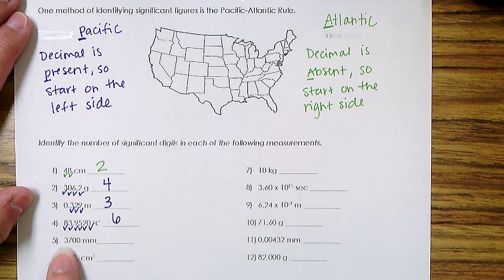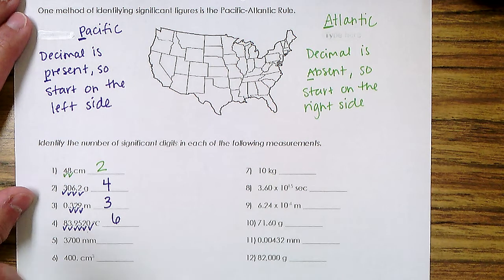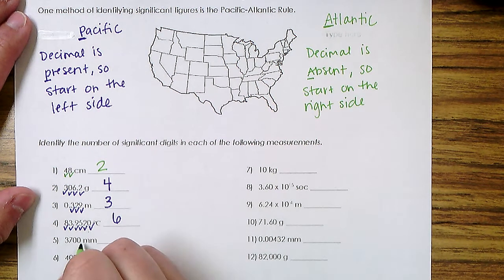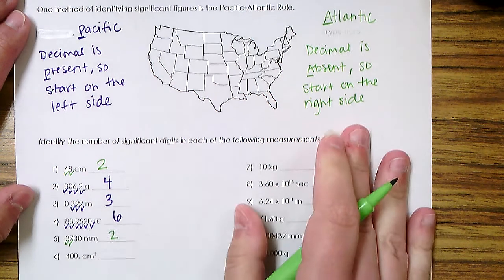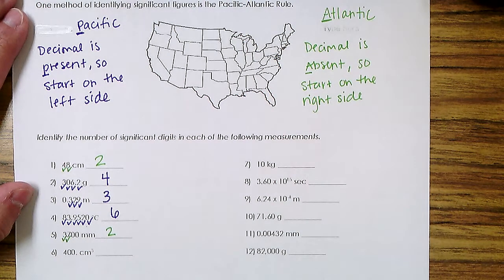Let's check out number 5. No decimal there, so it's absent. So we're going to follow our Atlantic rule. And I'm going to start on my left side. And I have to go until I find my first non-zero number. So is that a non-zero number? No. Is that a non-zero number? No. Is this a non-zero number? Yes. Once I say yes, everything else in that direction is significant. So I have 2 sig figs here. Now, number 6 has a decimal that is present. This is something that you can do, but I hate for you to do because sometimes this decimal gets lost.